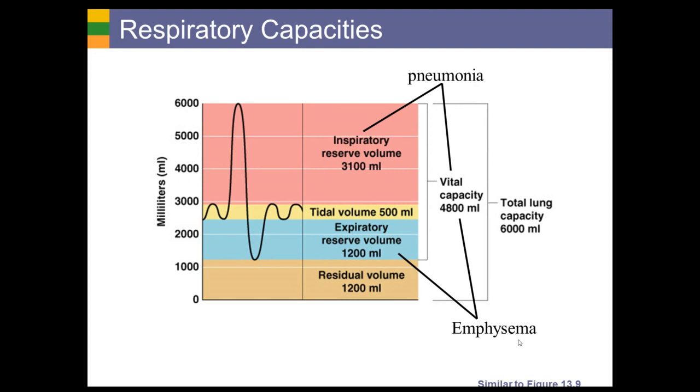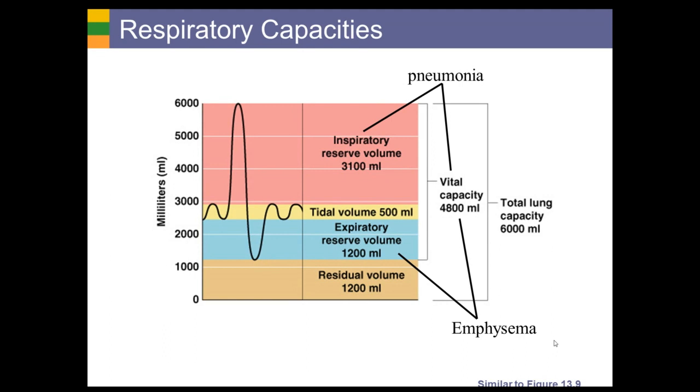Someone with emphysema will also have a decrease in their vital capacity, but that will be due not so much because of a reduction in their inspiratory reserve volume, but because of the reduction in their expiratory reserve volume. People with emphysema have a problem exhaling.